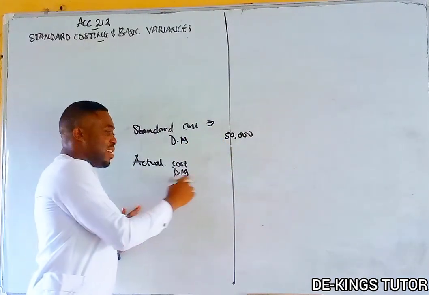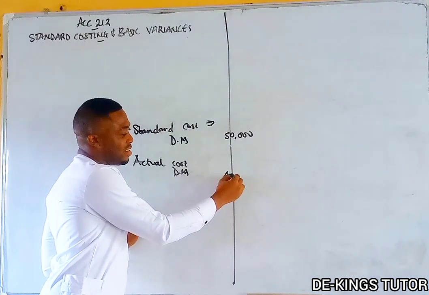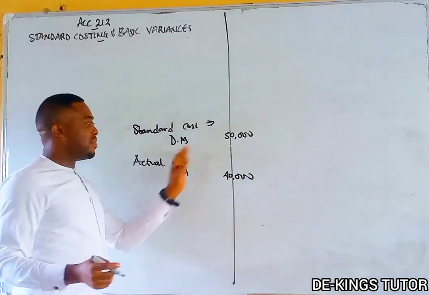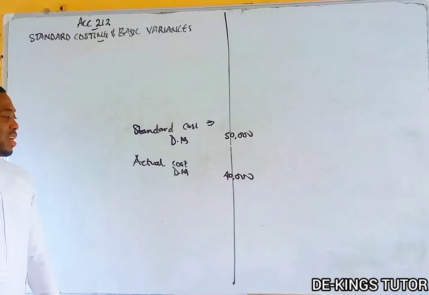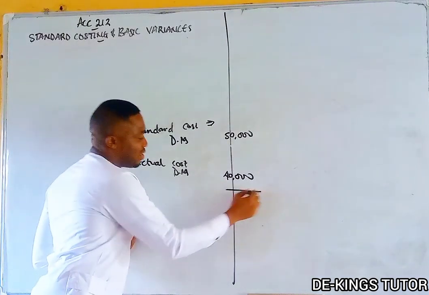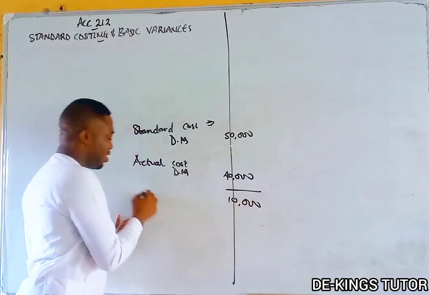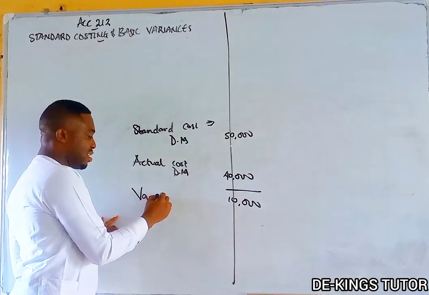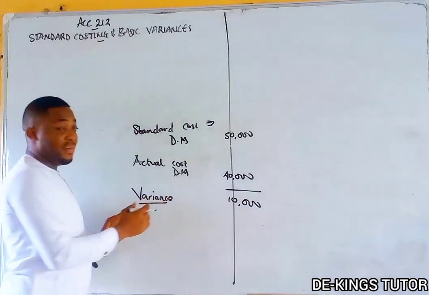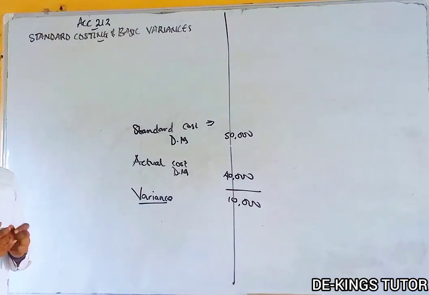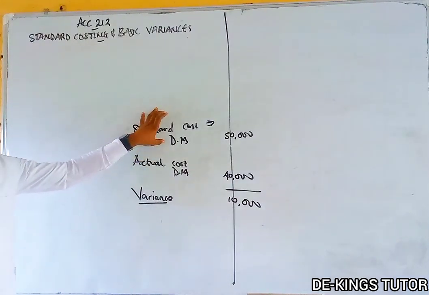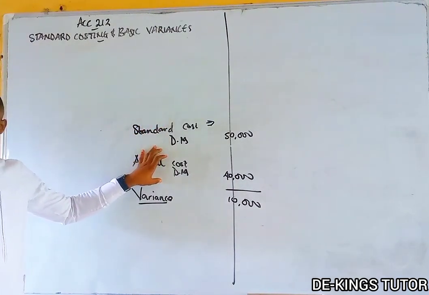For instance, if you incur let's say 40,000 instead of the standard of 50,000, the difference, which is 10,000, we call it variance. Variance is the difference between the standard and the actual.